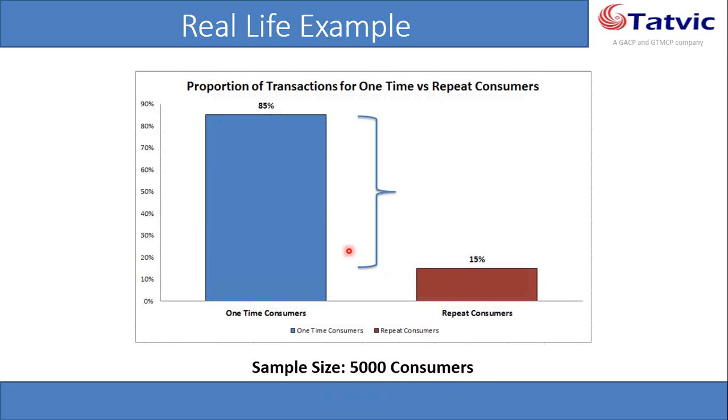Mind you, this is actual data, and this shows the proportion of transactions for one-time versus repeat customers. So what we can see directly here is that 85% of the total transactions in a given time frame happened due to the one-time consumers cohort versus just 15% attributed to the repeat customers.